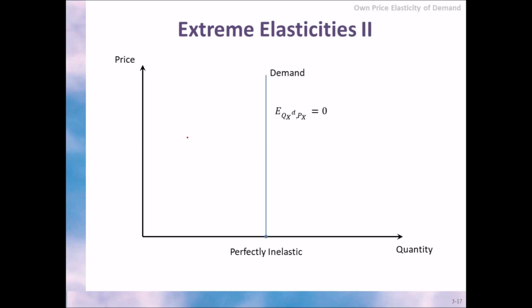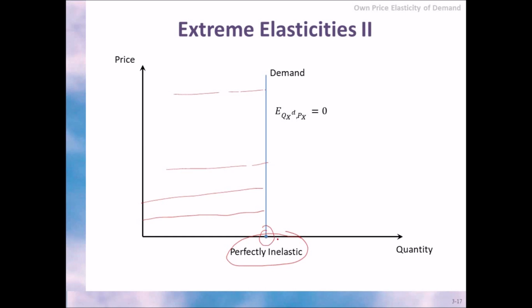The second extreme case of elasticity, remember we have the vertical demand curve. This vertical demand curve is what we call perfectly inelastic. If we calculate the elasticity, it will be zero. This means that you can charge any price, whether you charge a lower price or a very high price, your demand stays.